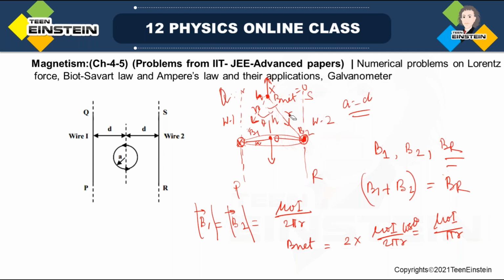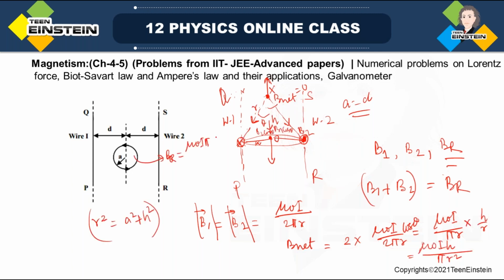The last option was current in wire 1 and 2 are in the direction PQ and RS respectively. No, it is not RS. One is along PQ direction, another one is SR direction. That means it goes like this, coming out, and this.